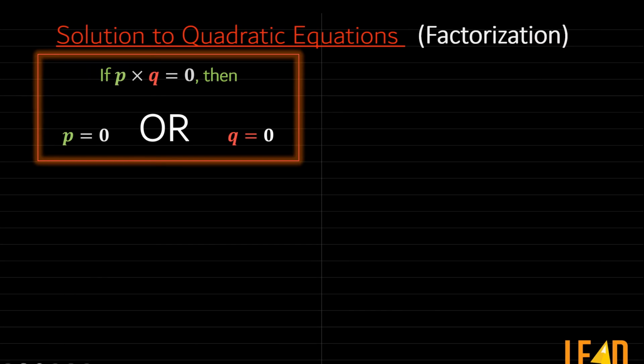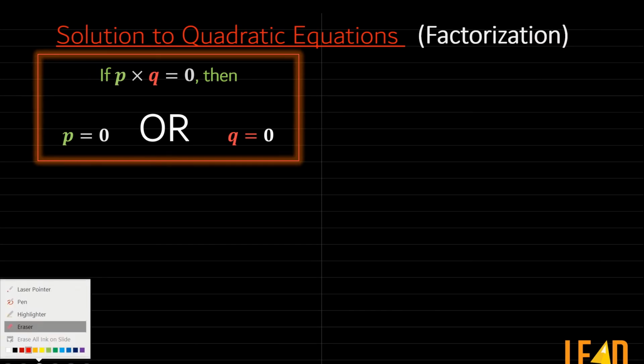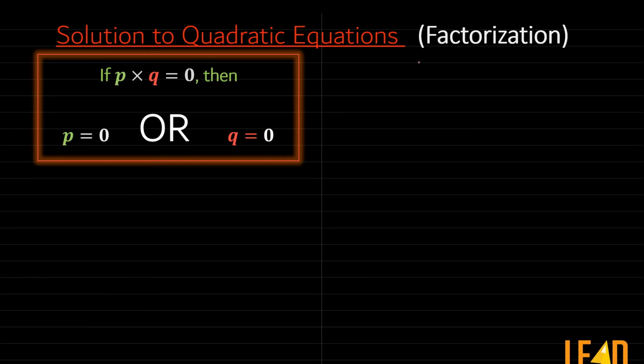Alright, so here's what factorization says. It's a very simple idea. Okay, so track with me. If P times Q equals 0, then one of them must be 0. Think about it. The only way you can get two numbers to multiply themselves to give you 0 is if one of the numbers themselves is 0.